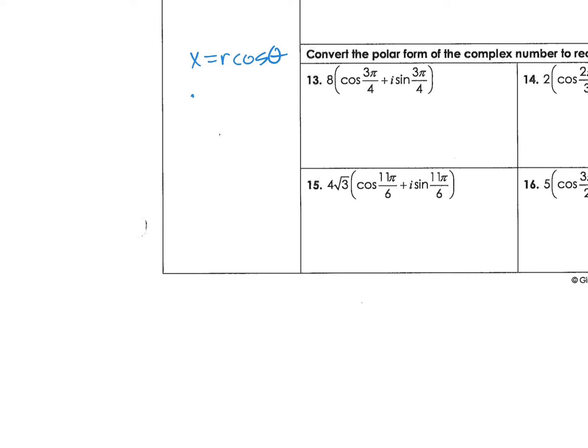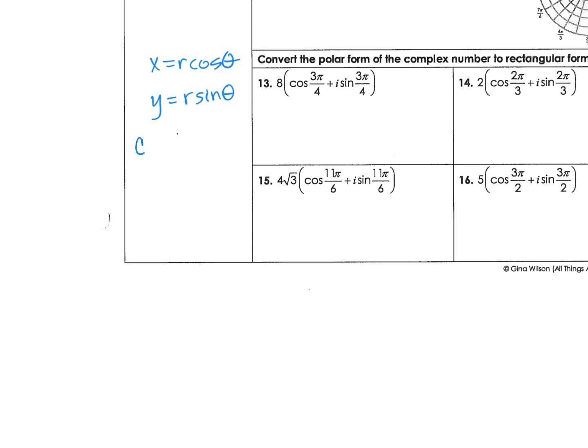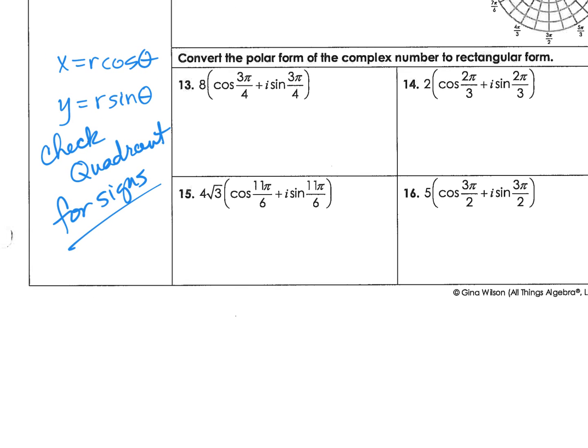R cosine theta, R sine theta, but we got to make sure we're in the right quadrant, right? And guys, we know what R is. R theta. Right?